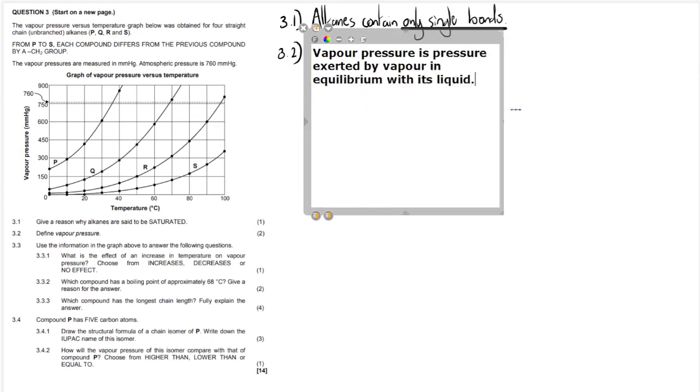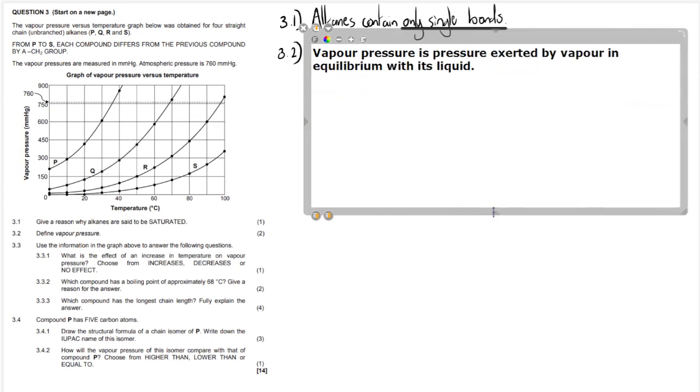Okay, again, this is a definition. If you're unsure, please go have a look at the marking guidelines. And here in this case, we have that the vapor pressure is exerted by a vapor in equilibrium with its liquid. This whole section is important.